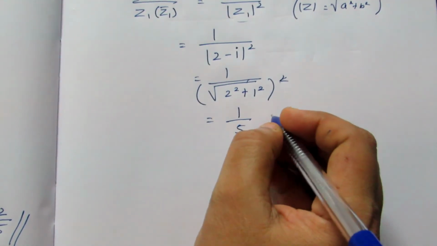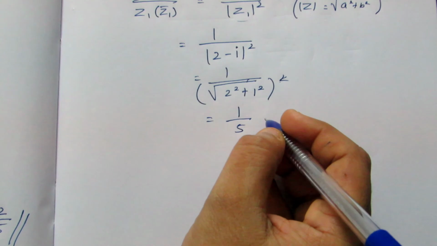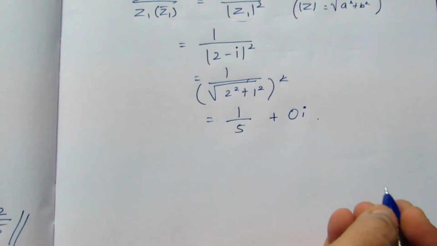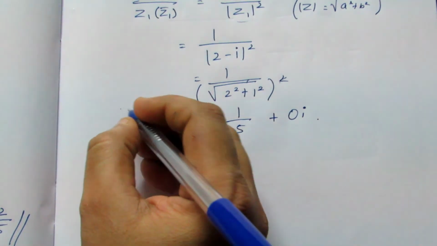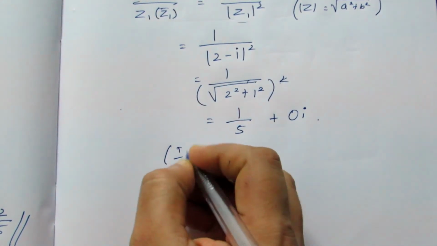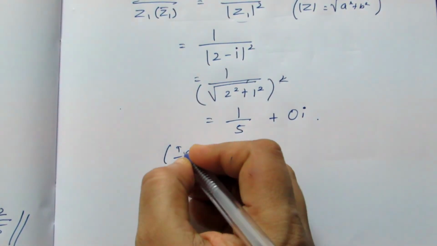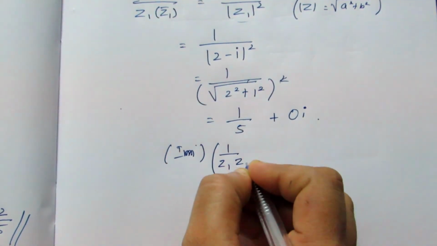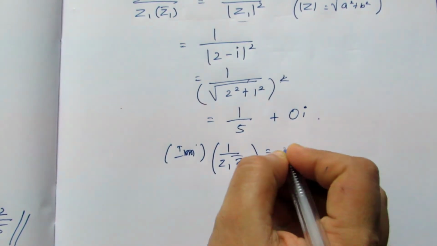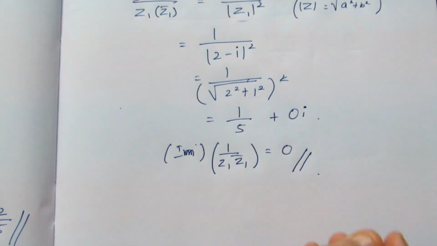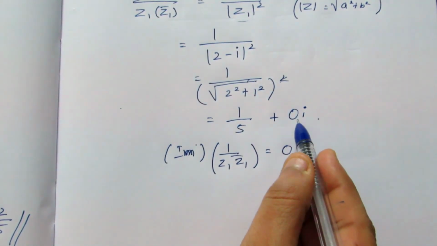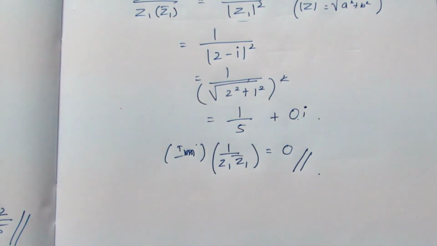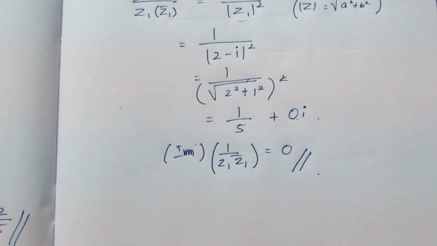We don't have an imaginary part, so we can take this to be 0i. They have asked for the imaginary part, so the imaginary part of 1 by z1 into z1 bar is equal to 0. This is not 0i; we only need to write the coefficient of i, which is 0. That's all with the sum. Thank you.